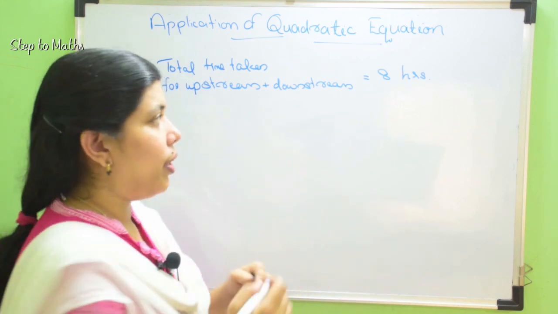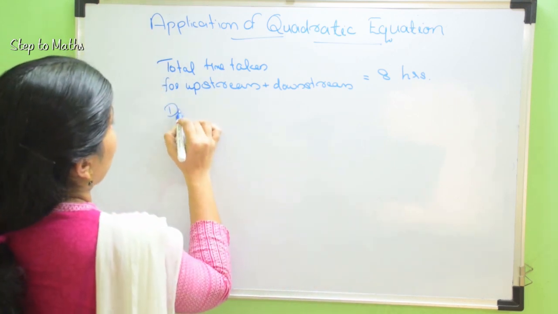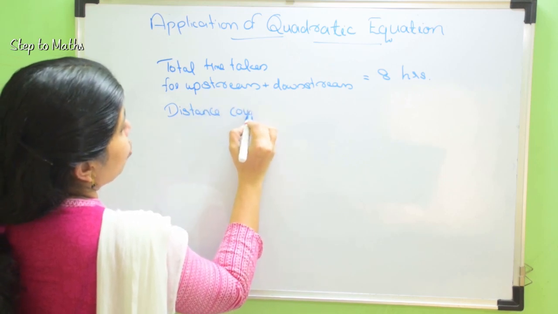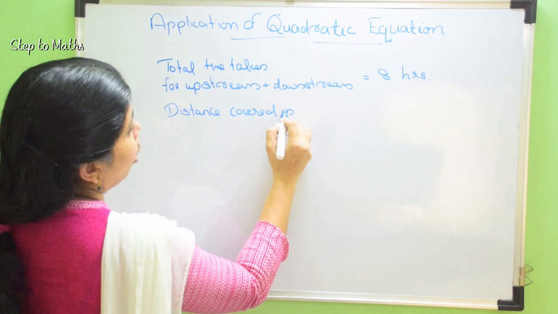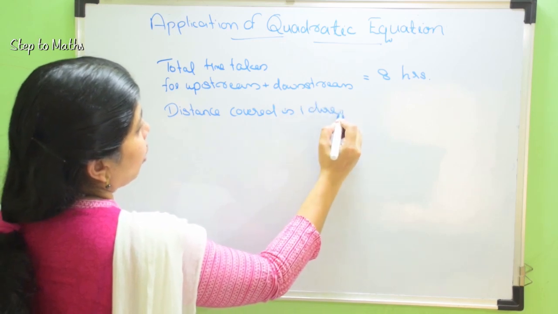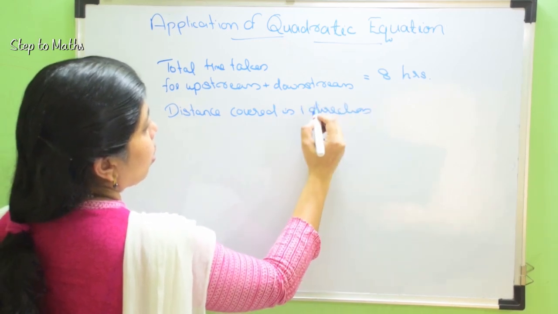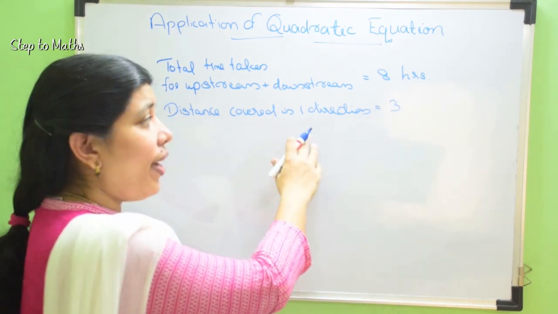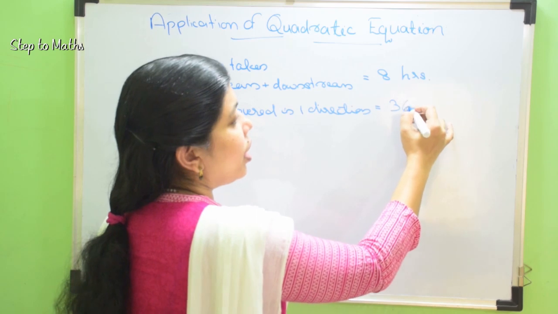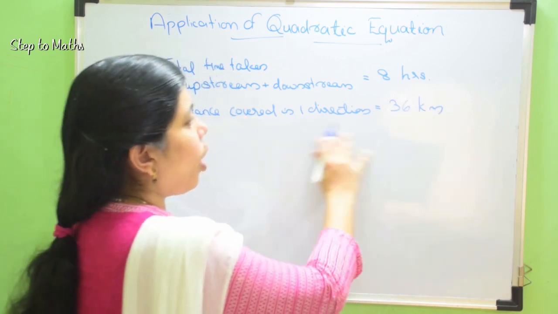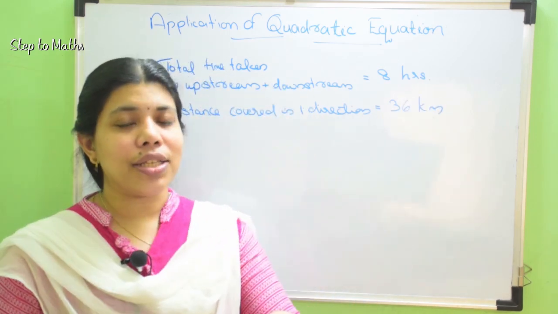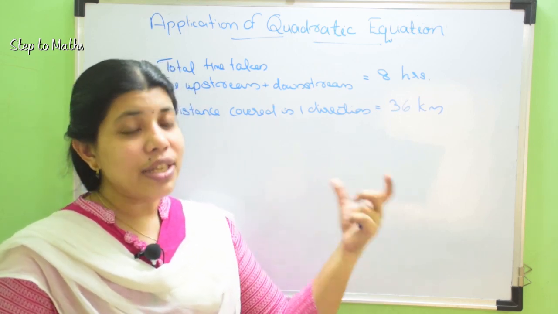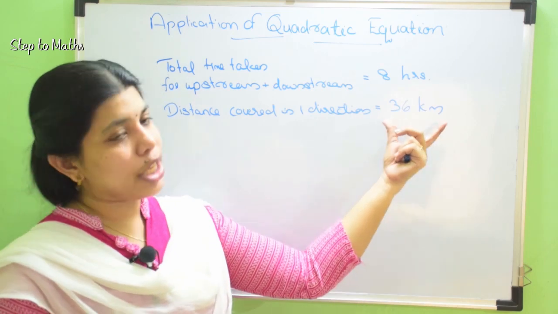And the distance covered in one direction is equal to 36 km. For upstream, he covered 36 km, and for downstream, that means return, he covers 36 km.